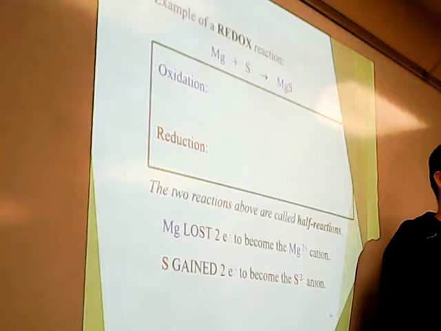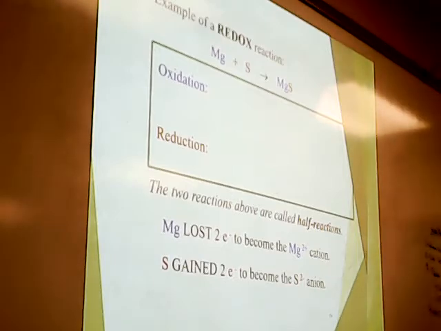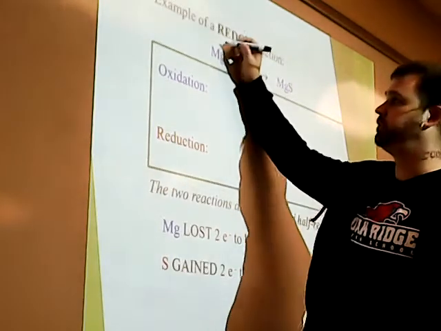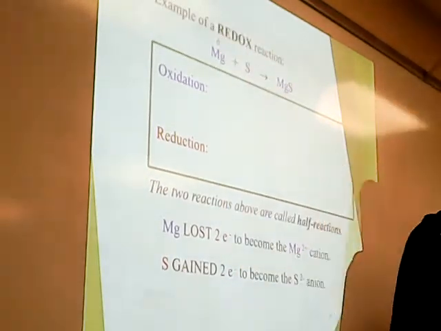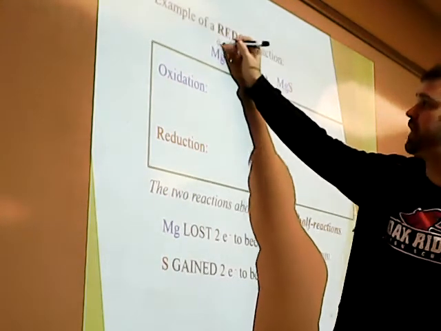Is it bonded to something? So anything in its free state is always what? 0. So you do know. Which makes sulfur what, Jacob? Also 0. So that's what you're going to do.